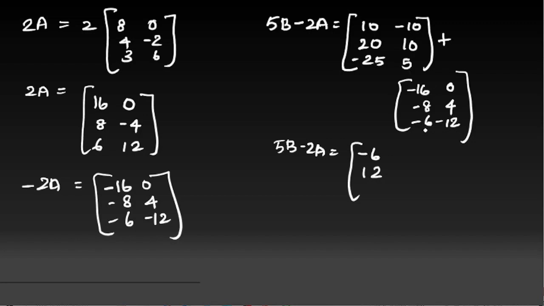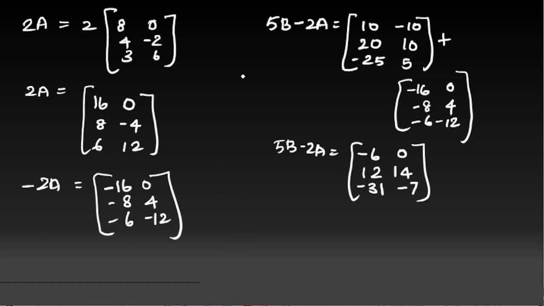Minus 25 minus 6 gives minus 31. Then 0, then minus 10 plus 4 gives minus 6, and 5 plus minus 12 gives minus 7. So this is your 5B - 2A.